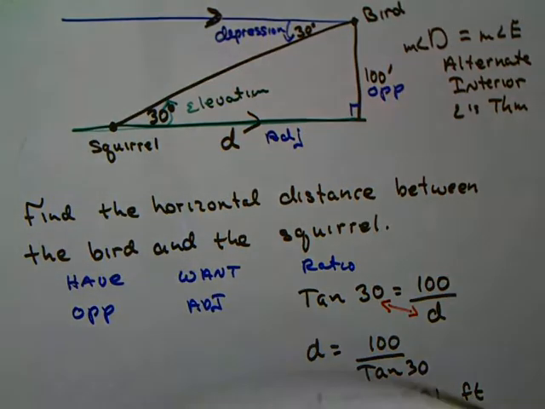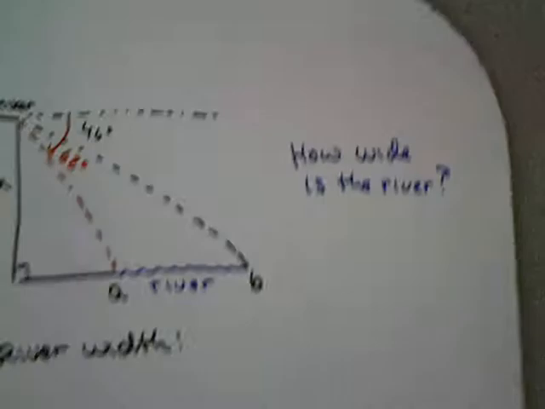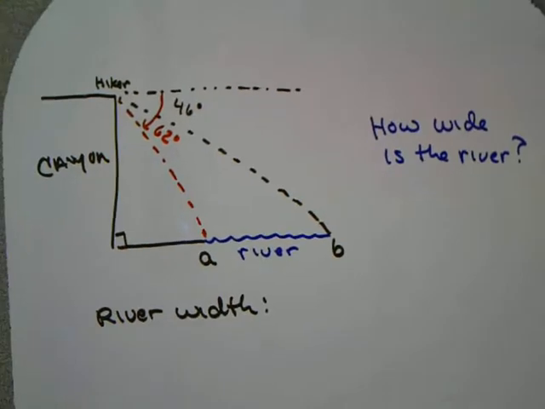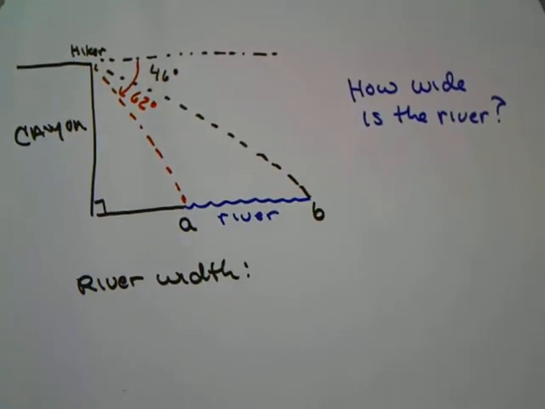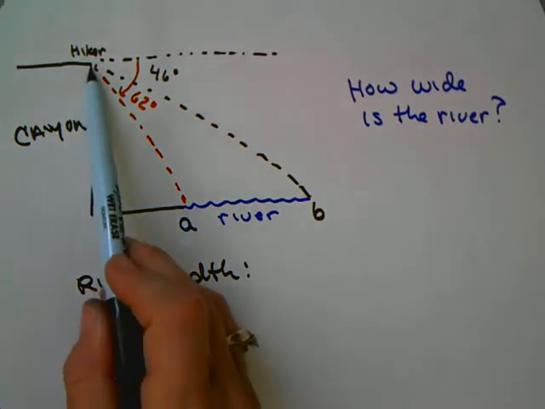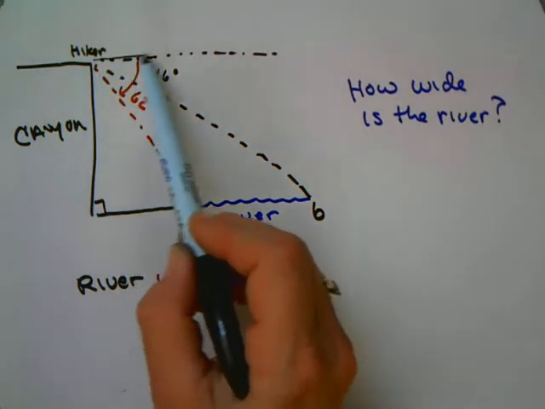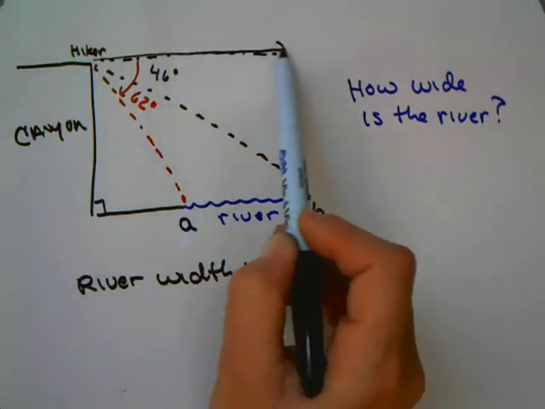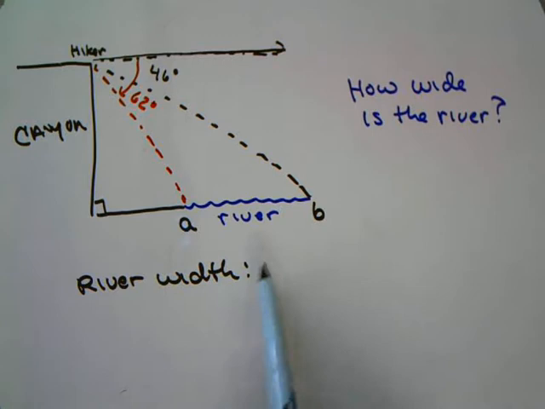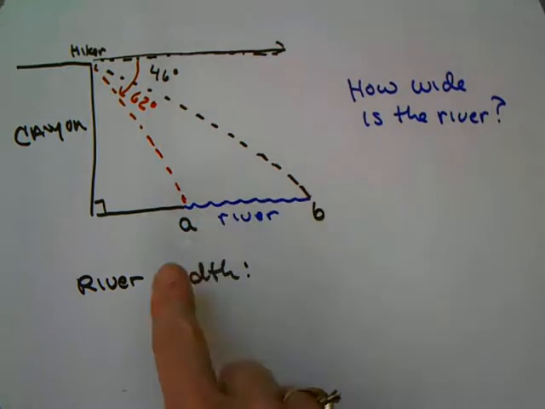Let's use that idea to find out how wide the river is. Here's what we have. A hiker up here, and he's looking out over the horizon. The river is down here. And when the hiker looks down to this side of the river, he looks down 62 degrees.